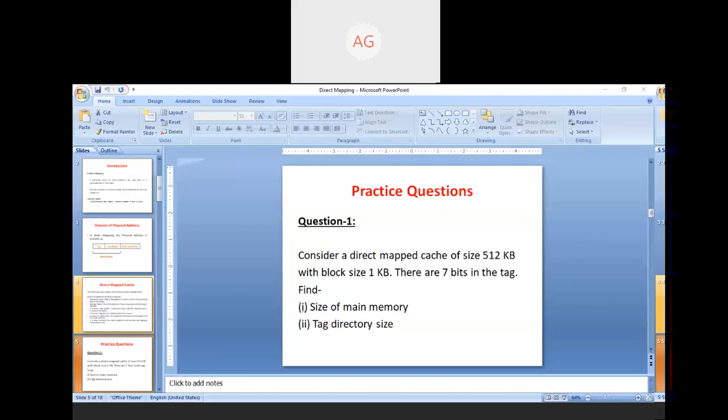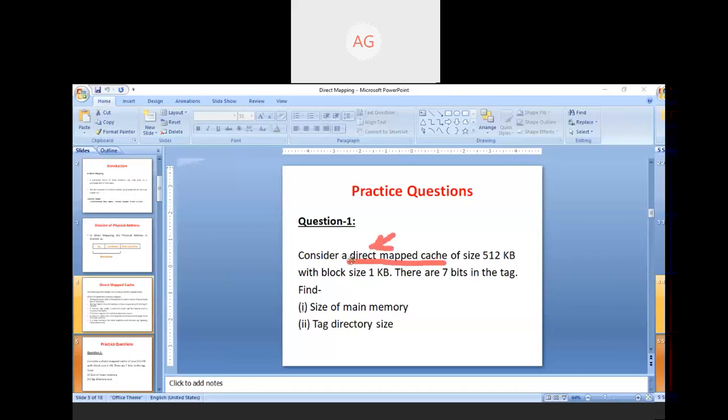Consider a direct mapped cache. So here in the question we are talking about a direct mapped cache. That's why we are going to apply the rules or the physical address which is meant for direct mapping. Here it is given.